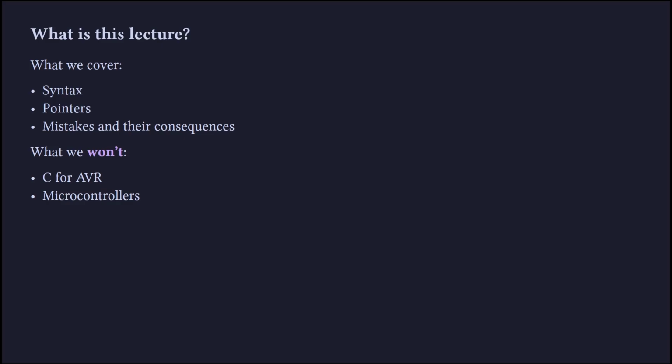We're also not going to touch on microcontrollers a lot. We will talk a little bit about some of the changes that happen between userland and microcontrollers, but it won't be too much, and this talk is definitely not on them specifically.